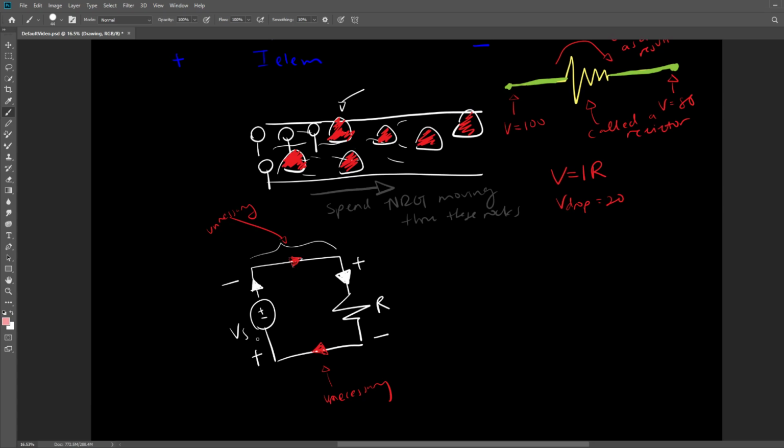So now that I've drawn the circuit, let's say my voltage source was, I don't know, 5, and this thing had a resistance of 2.